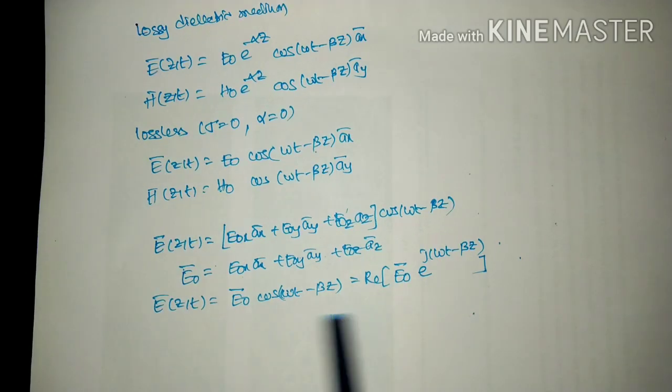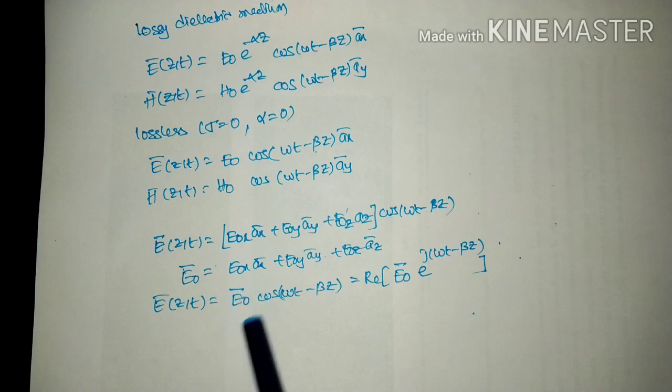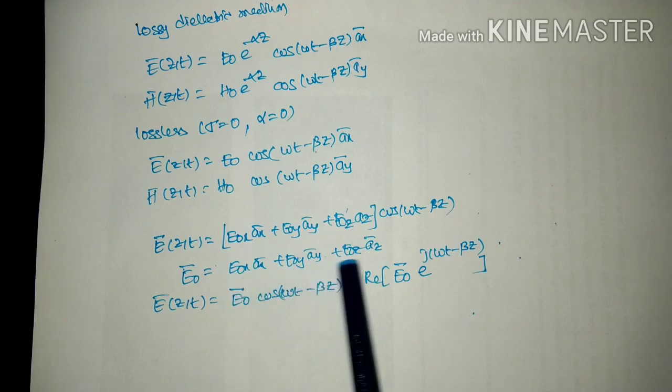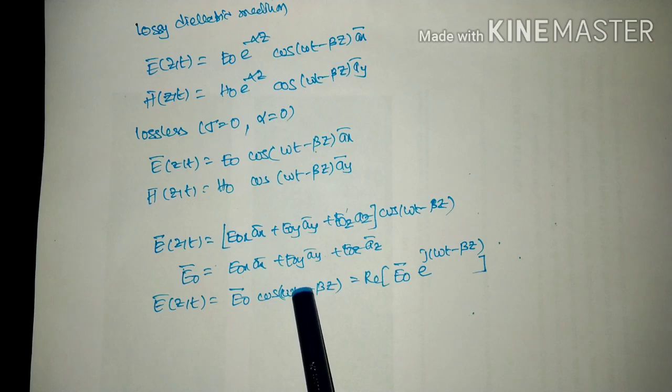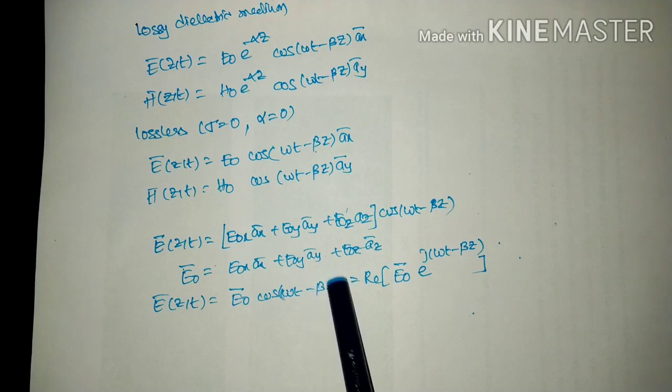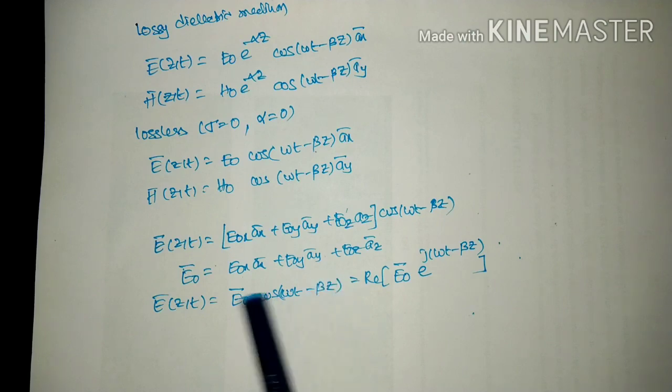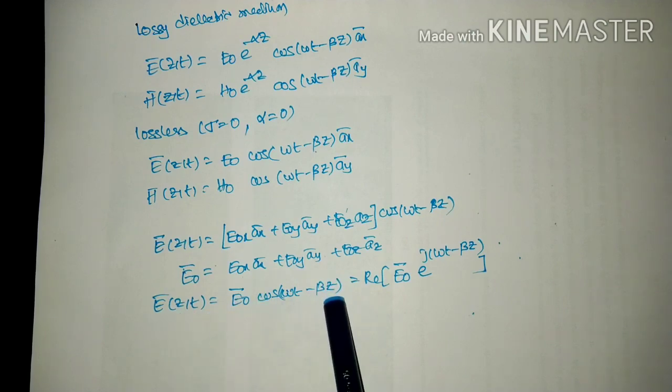If you observe this expression, this consists of E naught bar. E naught bar will give the orientation of the electric field, which is given by this expression. Cos of omega t minus beta z: omega t is nothing but the time factor, and beta into z will give the phase of the electric field as the wave is propagating along the z direction.